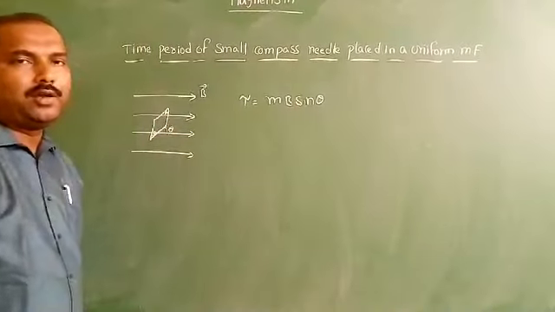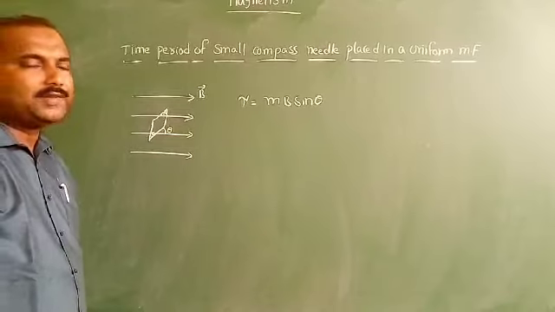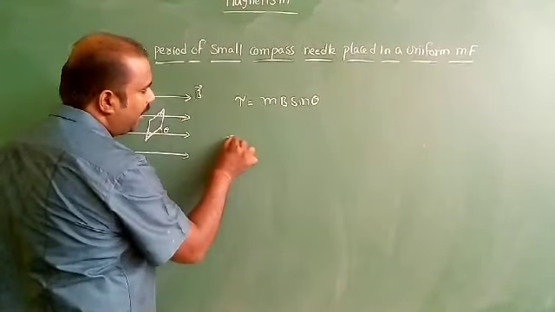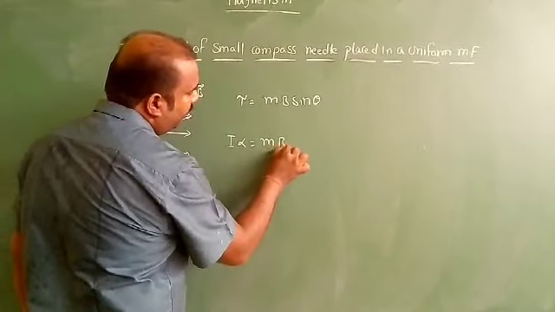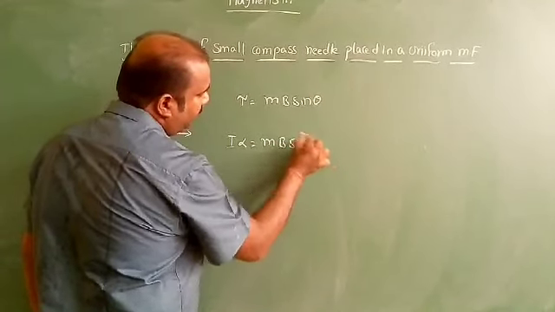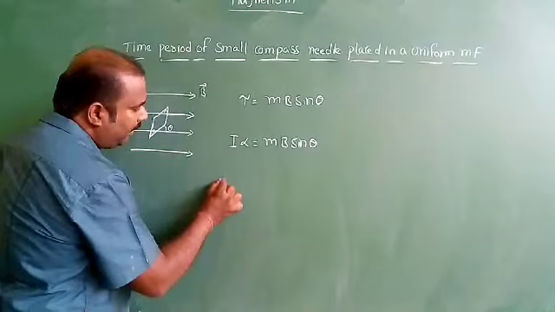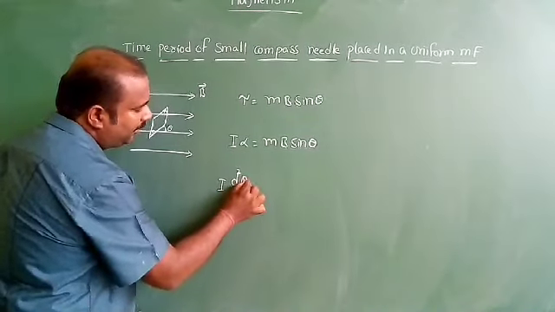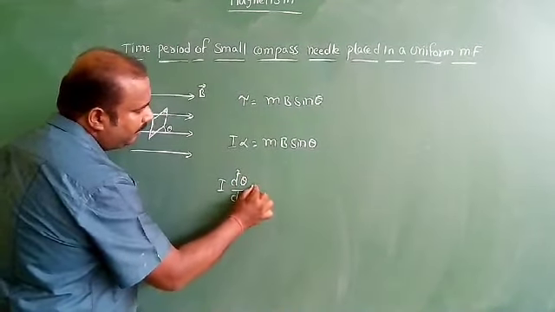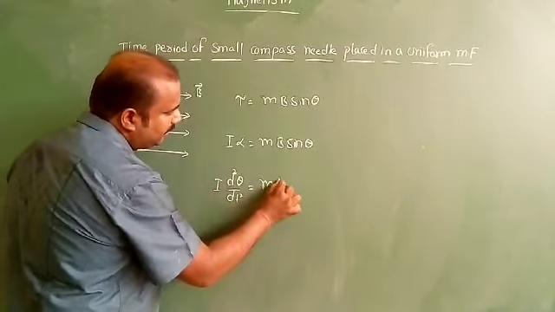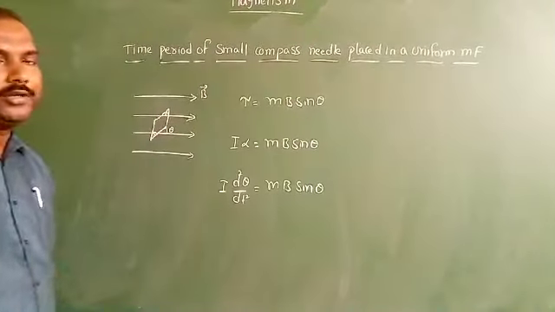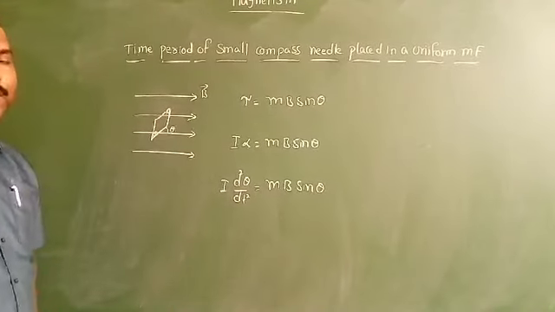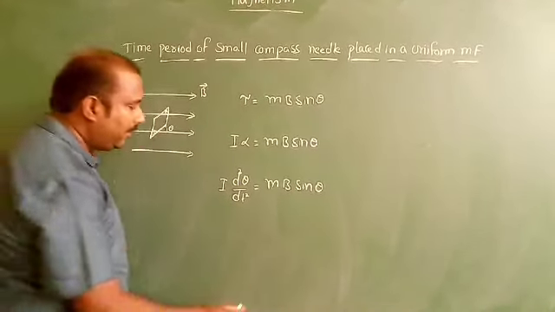Now, from the first year we already know, in place of tau, tau is equal to I alpha. I alpha is equal to minus mb sin theta. In place of alpha, we can take d square theta by dt square. Suppose with the deflection, the angle theta is very small, sin theta is approximately equal to theta.